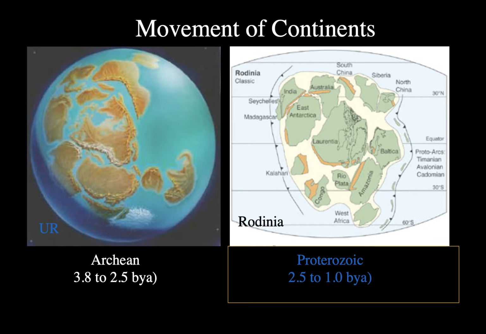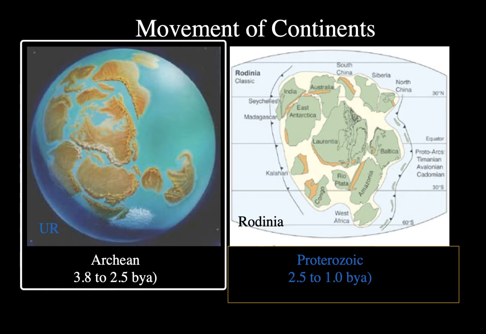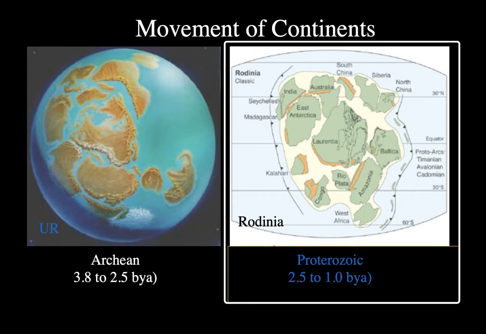One of the first so-called supercontinents was Ur, and it was in the Archean from about 3.8 to 2.5 billion years ago. By the Proterozoic, 2.5 to 1 billion years ago, those regions would move around one to another.